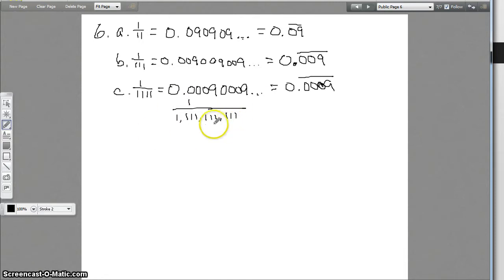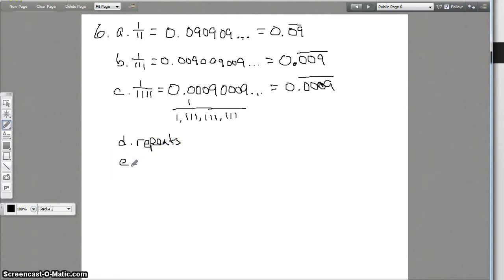So that's what we're going to be answering questions about. So for part D, it says, do you think this ends or do you think it has repeating digits? Well, since 1/11, 1/111, and 1/1111 all had repeating digits, I'm going to say that this repeats.